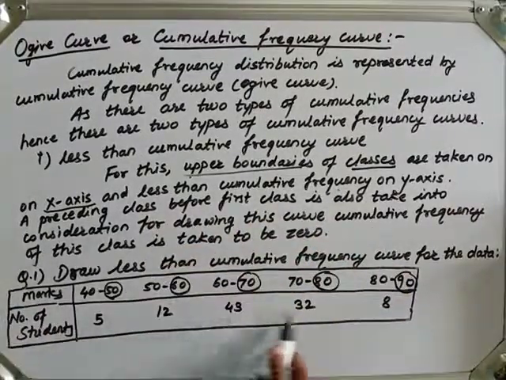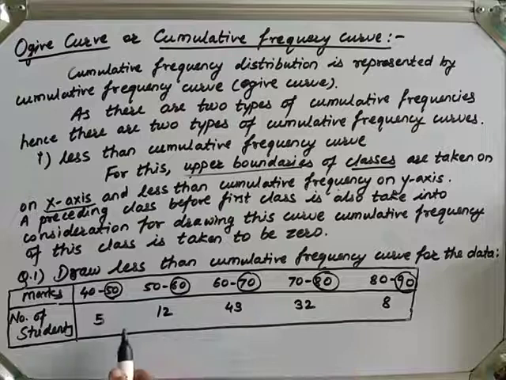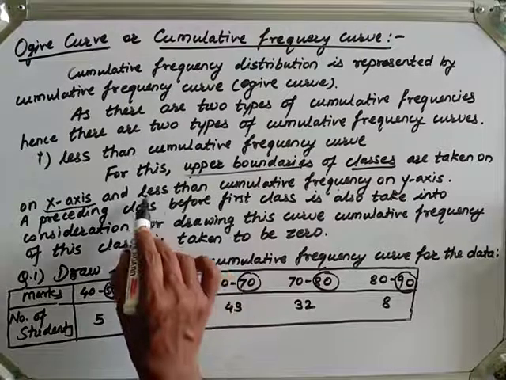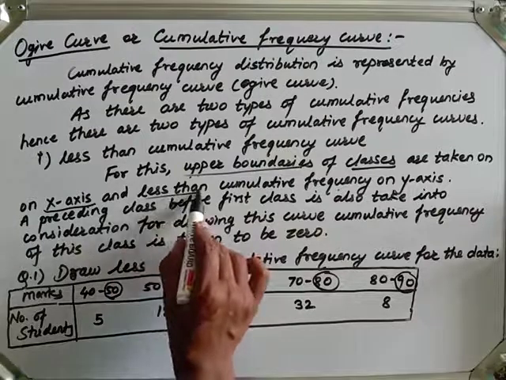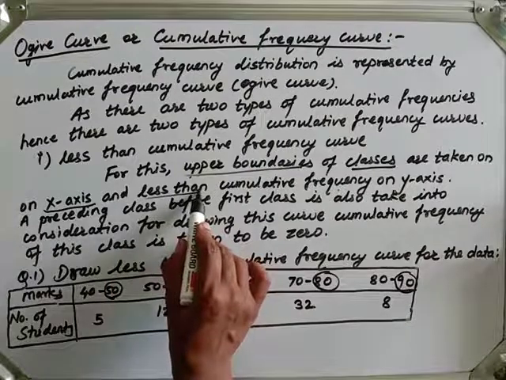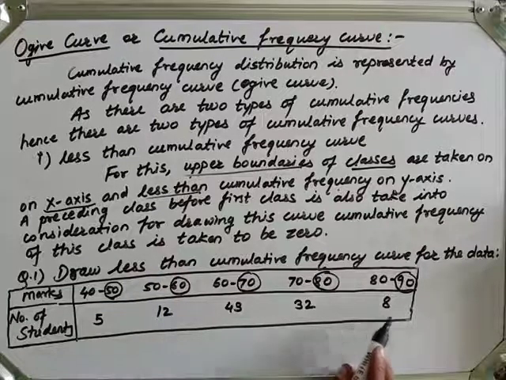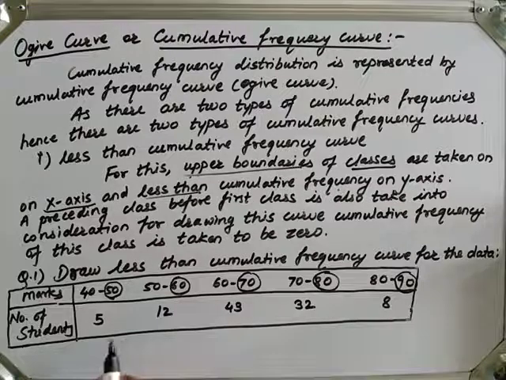Frequencies are given to us, so first our aim is to determine the less than cumulative frequency. It is calculated from the lowest class interval to the highest class interval, as a cumulative sum of the frequencies.